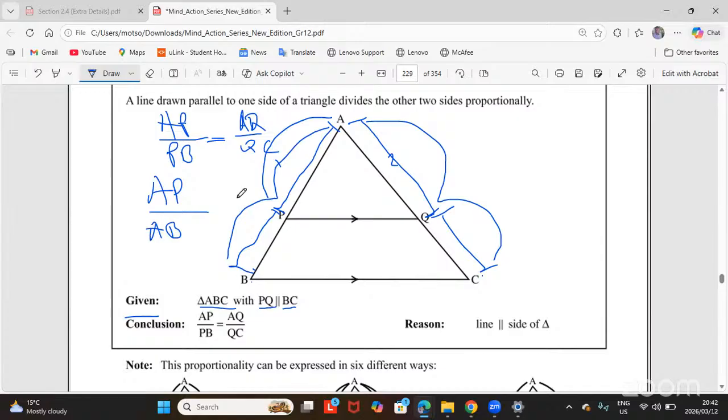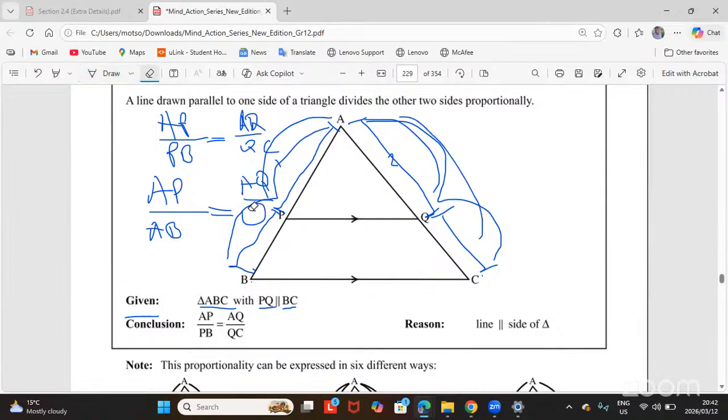If you did it like that, then on line 2 you have to do it like that too. You take AQ over everything, which is now AC. Now it's messy here. Let me erase this.